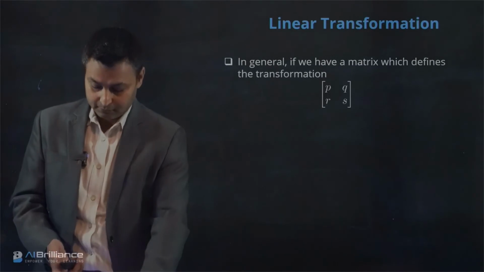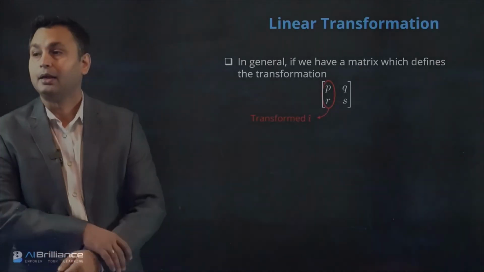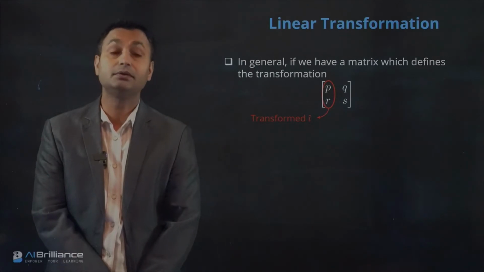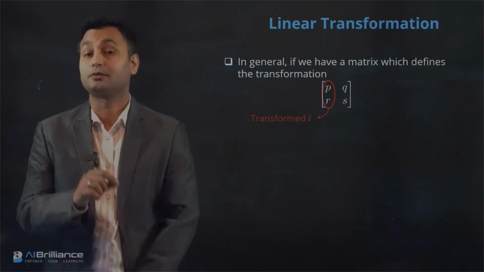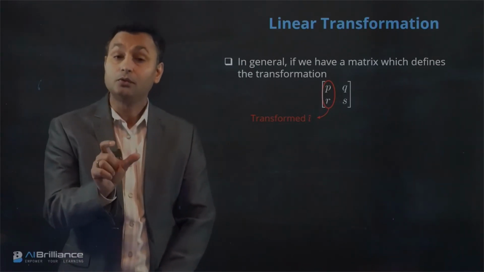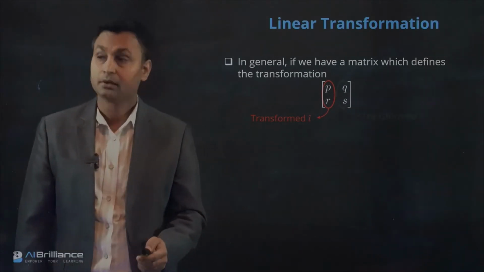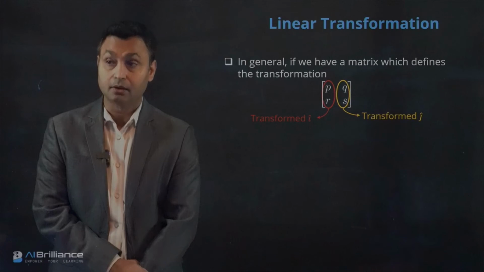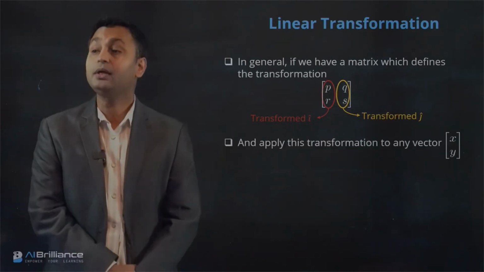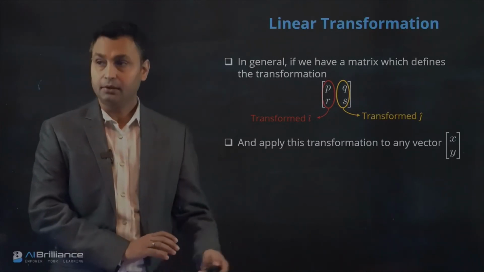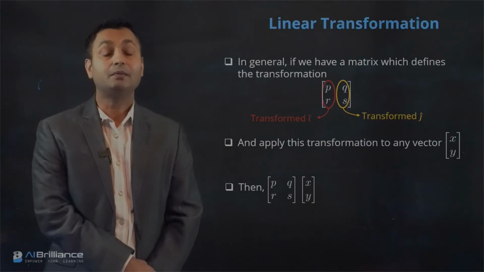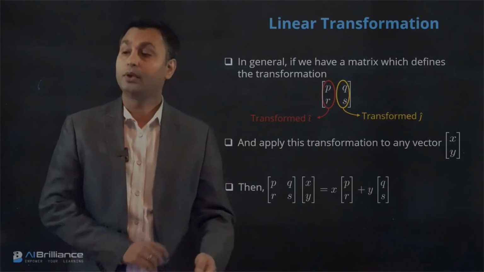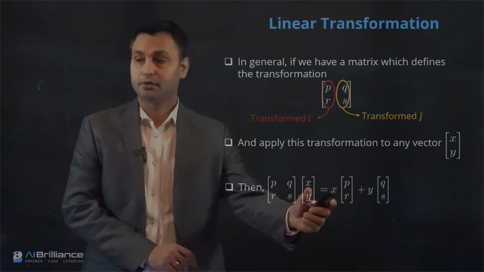Let's carry on this discussion, summarizing again. The first column of this 2-dimensional matrix transforms the initial unit vector in the i direction. The second column transforms the initial j unit vector. When we apply this transform to any vector, it is represented by the matrix multiplied by this vector, which boils down to a simple calculation.